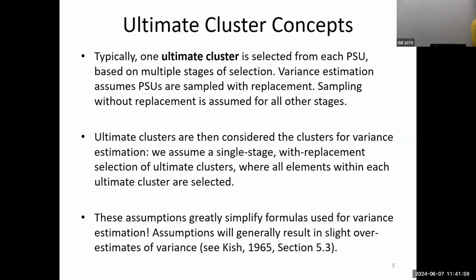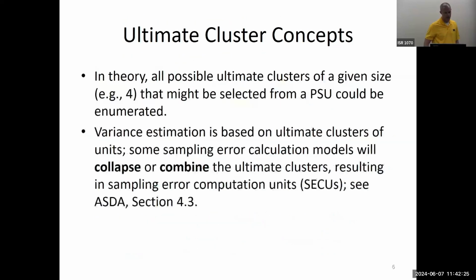And that amount of overestimation that he shows, that's the beautiful thing about these assumptions. It seems like you're making a lot of big leaps to simplify things, but the net effect on your variance estimates is tiny. They're just slightly bigger than they should have been otherwise without making these assumptions. Okay, so it makes it very easy to do this kind of stuff in a computationally friendly way when you make these assumptions about the original sample design.